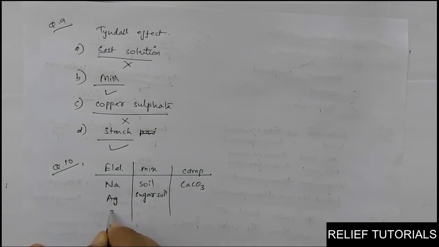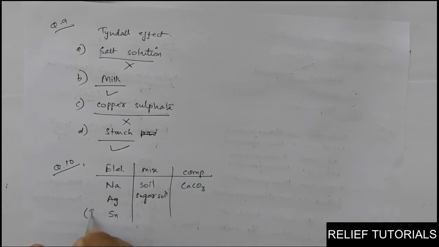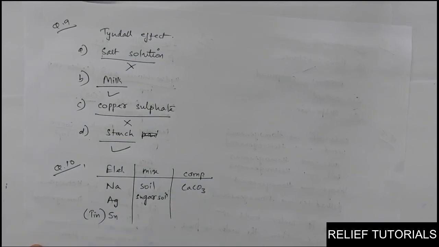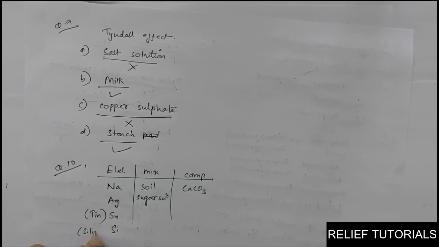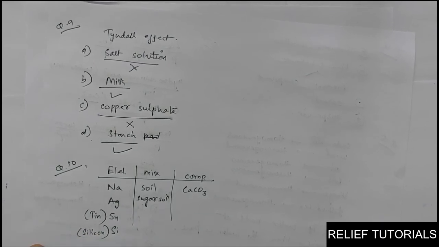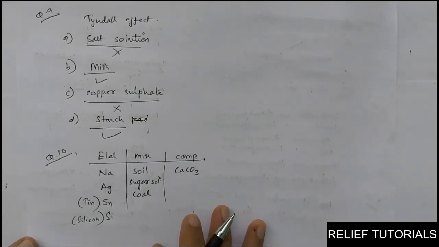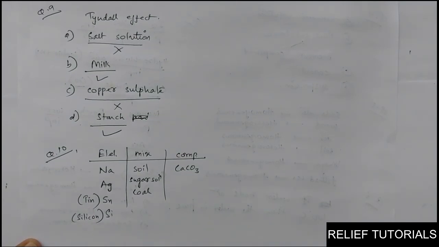Tin, symbolically Sn, element. Silicon, Si, element. Coal is a mixture. Then we have air, air is also a mixture.